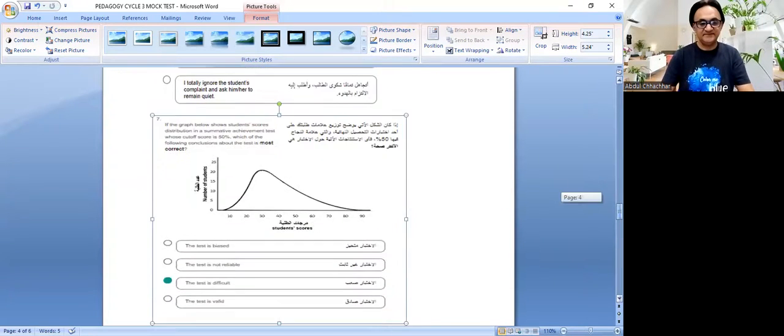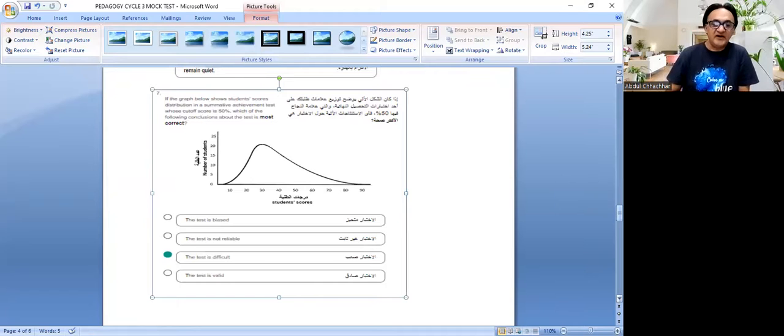Question number 7. The graph below shows the students' score distribution in the summative achievement test whose cutoff score is 50. Which of the following conclusions about the test is most correct? Okay. Cutoff score is 50%. Now look at the bar graph.